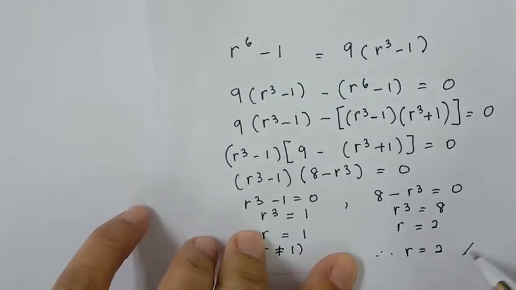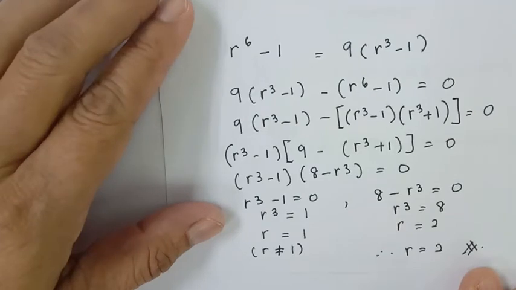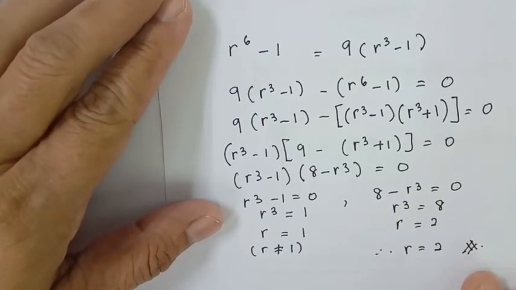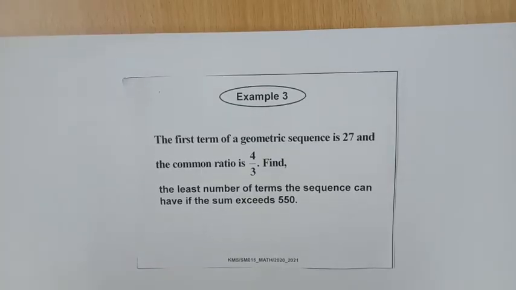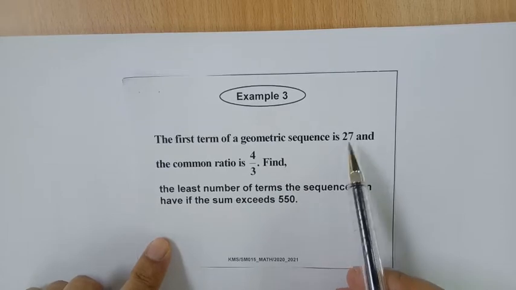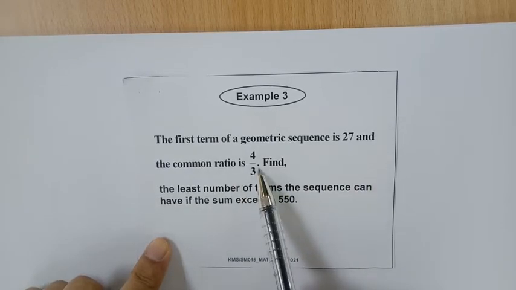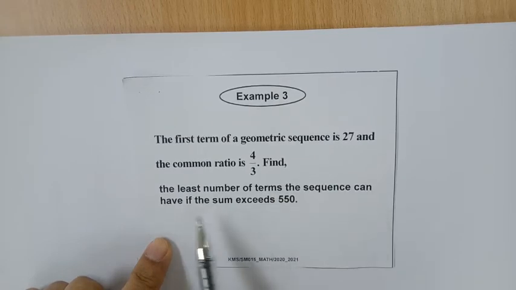Next we go to example 3. Example 3. The first term of a geometric sequence is 27 and the common ratio is 4/3. Find the least number of terms the sequence can have if the sum exceeds 550.